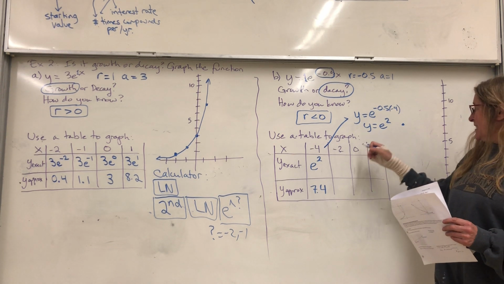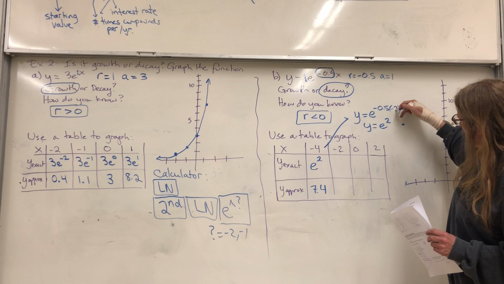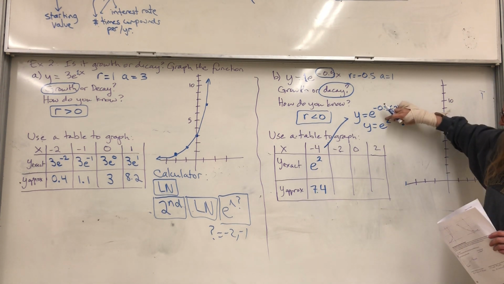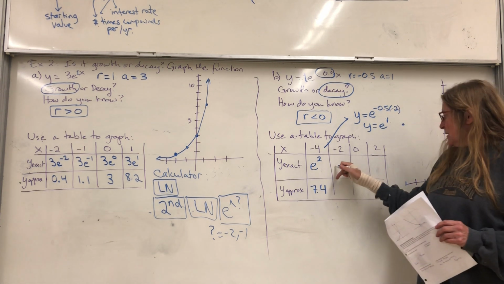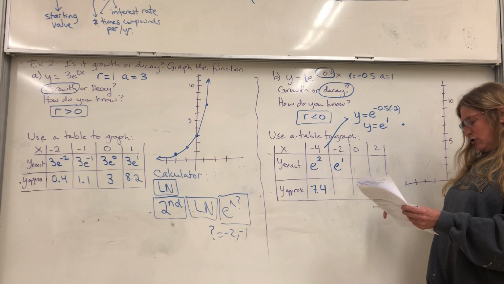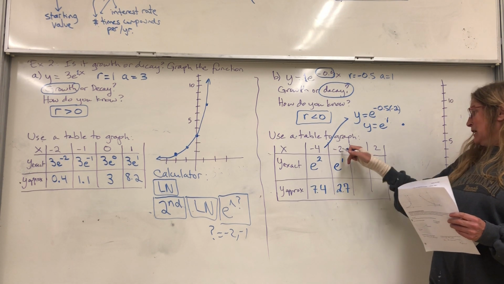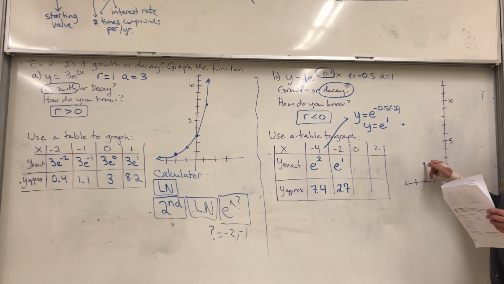Okay, now let's plug in x as negative 2. Well, I'm just going to erase this because I don't have a lot of room. If I plug in negative 2 for x, I get e to the first. And e to the first, we know, is 2.7. So that means negative 2, 2.7 is on my graph.